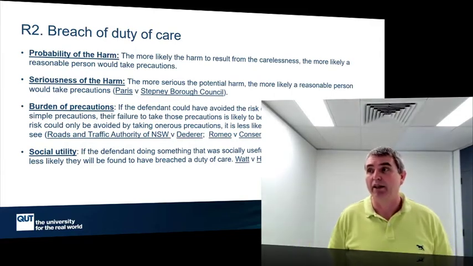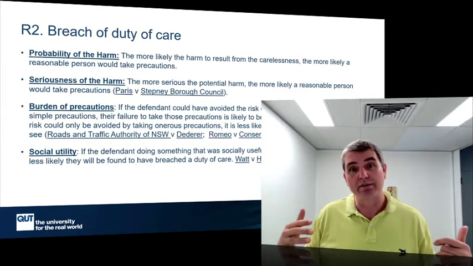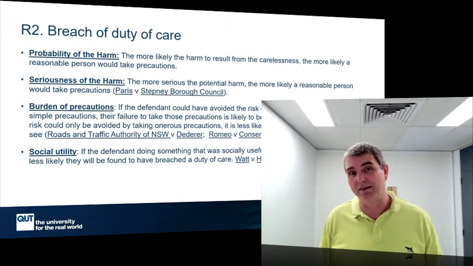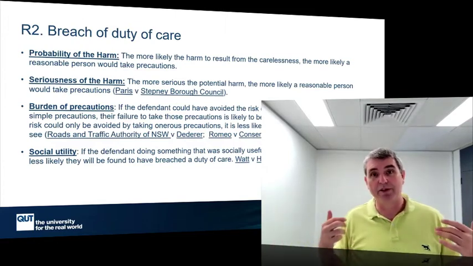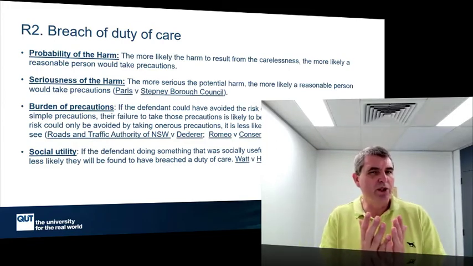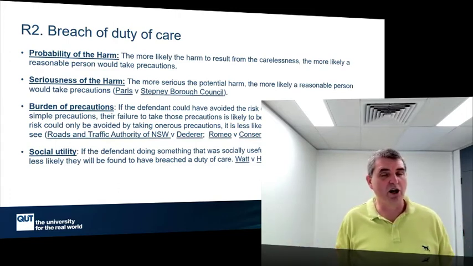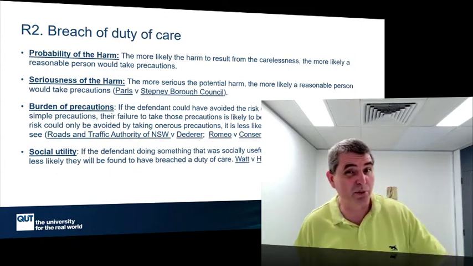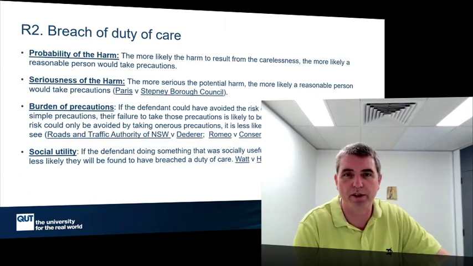You think about, well, we know that if there's a lookout with a cliff, there's a reasonable probability that someone could slip and go over the cliff. The seriousness of the harm is high. But could you really fence off every cliff in Australia, right? That's a very high burden of taking precautions, so probably not. That's the kind of logic that's used about this burden of taking precautions.